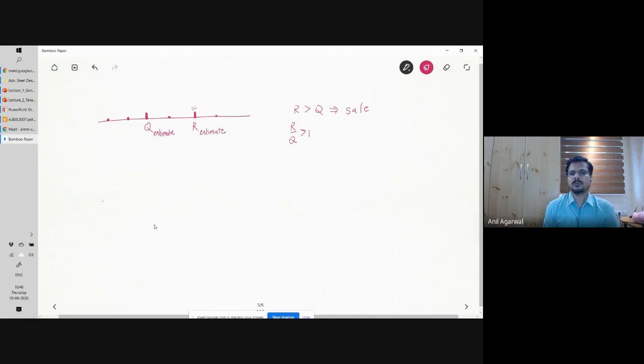Okay, but there will be some which will be showing me slightly less capacity, and there will be some which will be showing me slightly higher capacity.